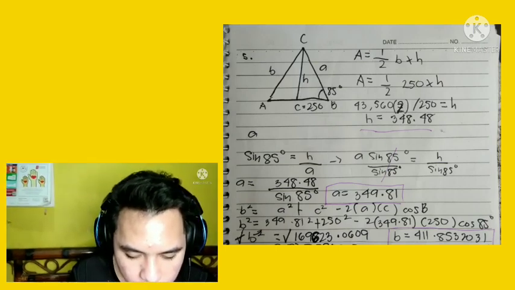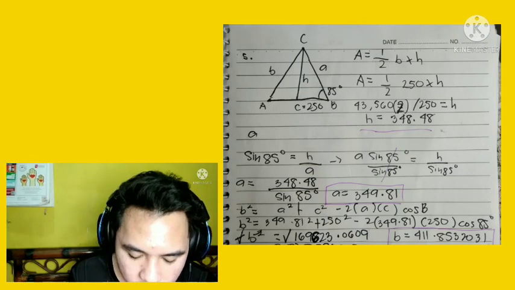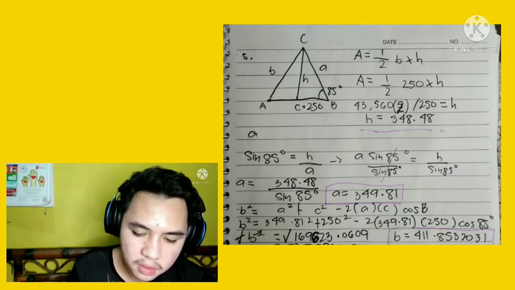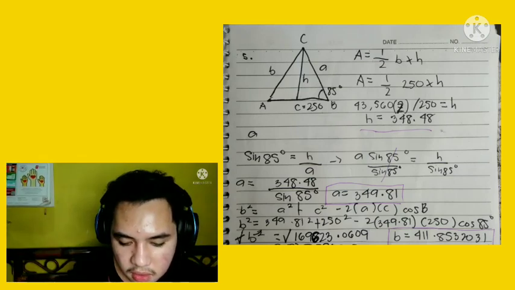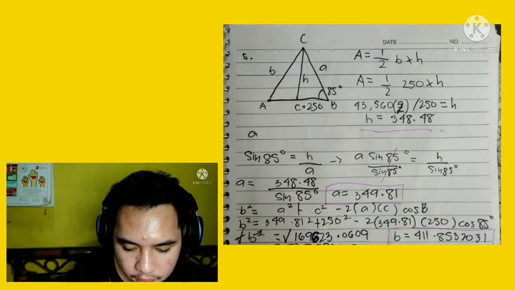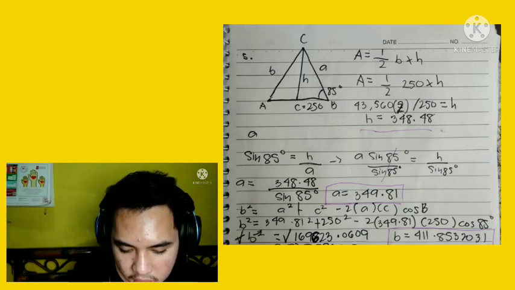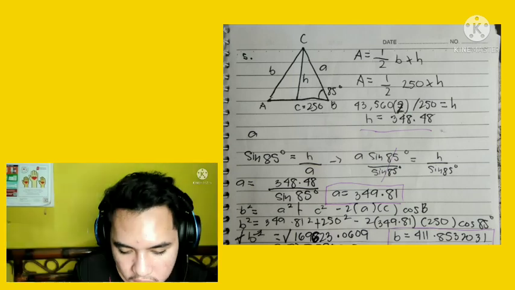So we have our angle B, which is 85 degrees, and our base, or c, is 250. So we have here the formula of our triangle. Area is equal to 1/2 base times height. So our area is 43,560 equals 1/2 times 250 times h.